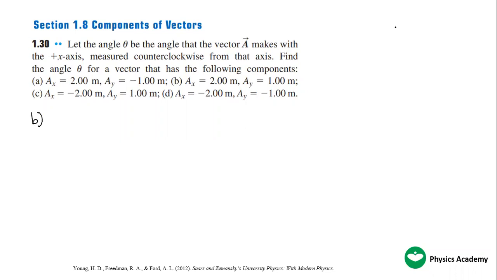Both are positive. If you graph this one, we have a Cartesian coordinate system. This is our X, this is our Y. Our AX is positive and our AY is also positive, so our vector A is in that direction, in the first quadrant.